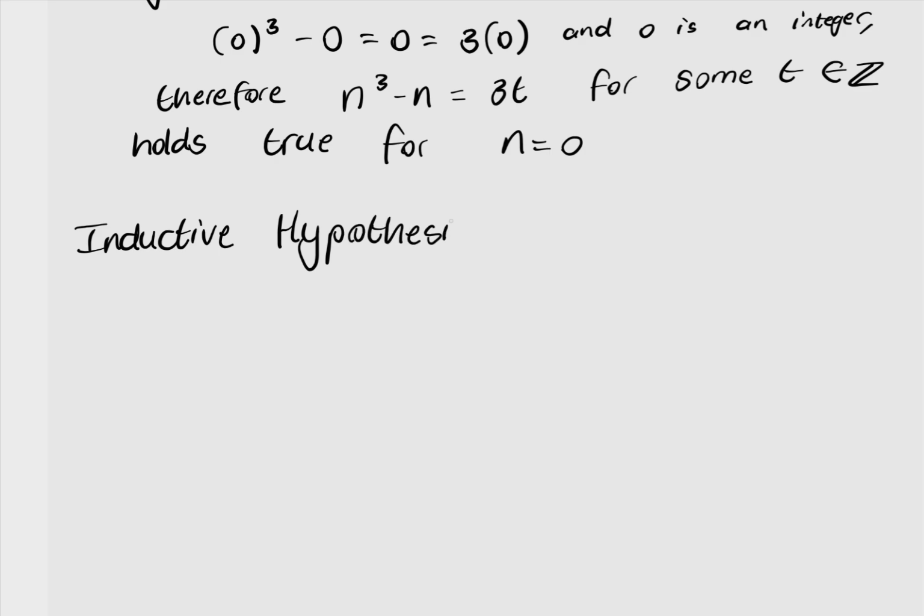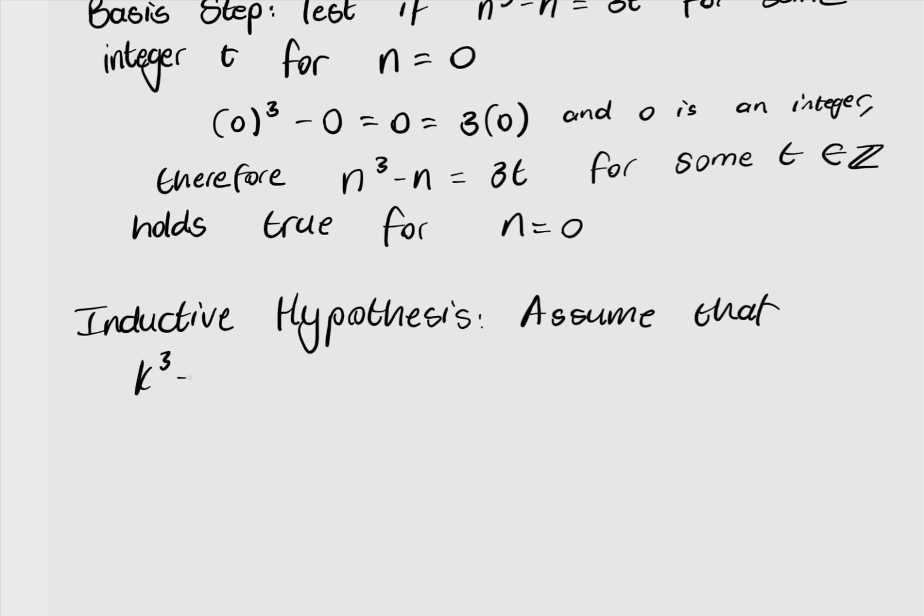Where we're going to assume that k to the power of 3 minus k is equal to 3. What should we call it? Should we call it 3t as well? I feel like calling it a different thing.